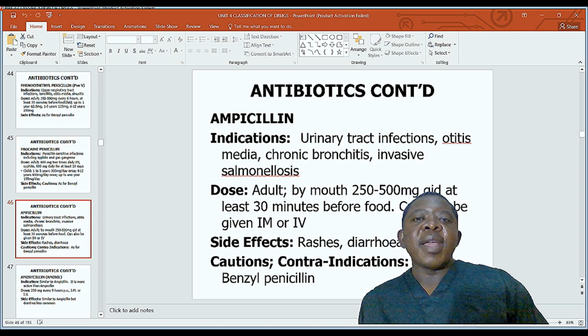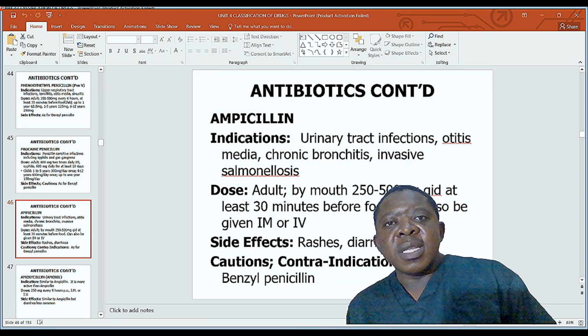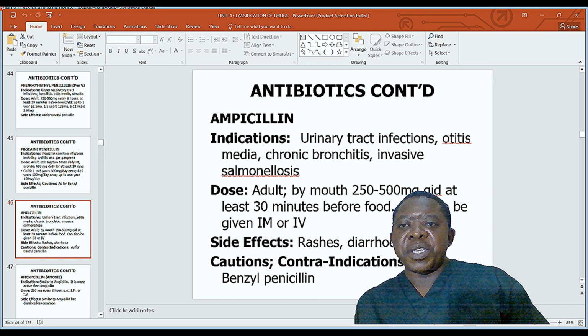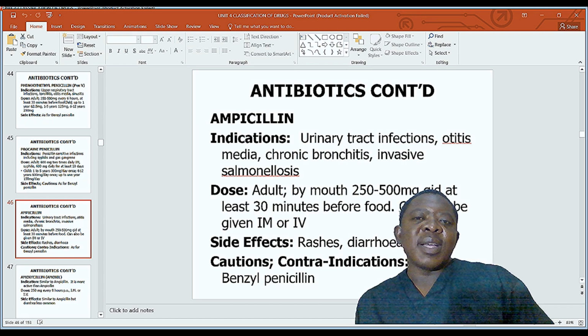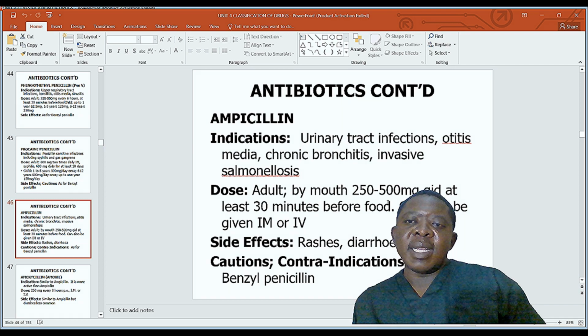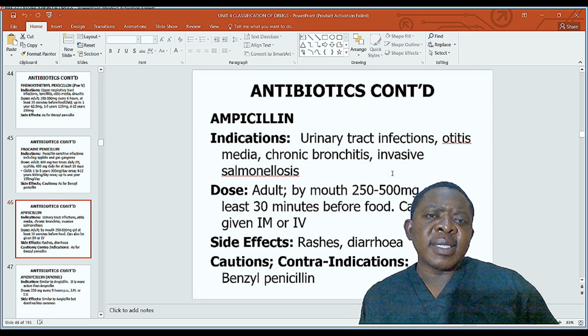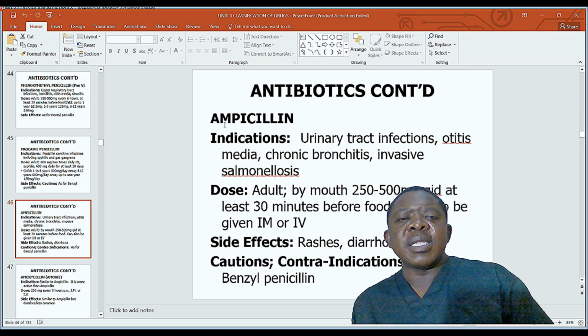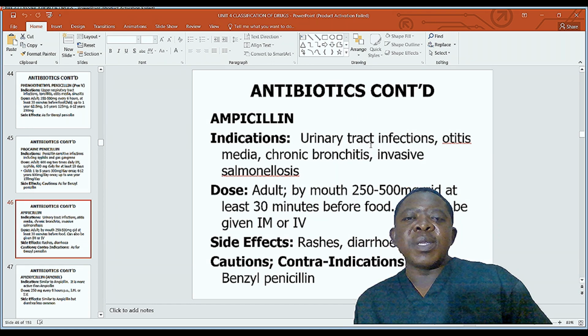Then we have ampicillin. Ampicillin mostly is used for urinary tract infection. We are going to look at the antibiotic radar, and then we're going to see how these drugs can be placed. So it's important you know that ampicillin is mostly used for urinary tract infection, otitis media, chronic bronchitis, or invasive salmonellosis.